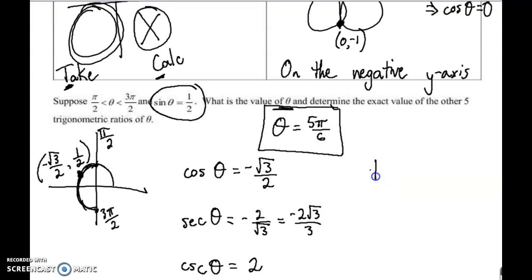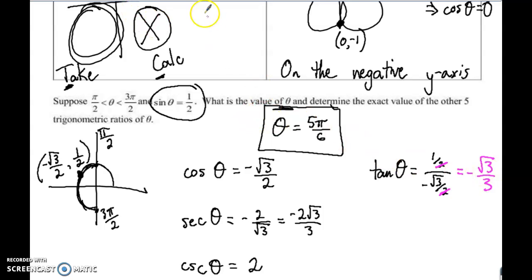Now tangent's a little bit more difficult to figure out because by definition tangent is sine over cosine, so that's 1/2, the sine coordinate, divided by -√3/2. As I mentioned earlier, when your denominators are the same, you can actually just cancel them out. And when you rationalize that denominator, you'll get -√3/3.